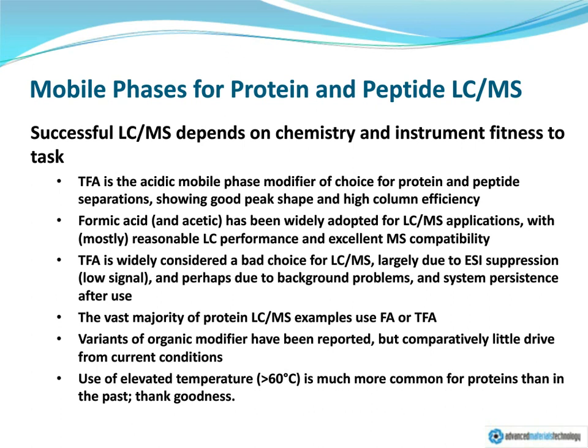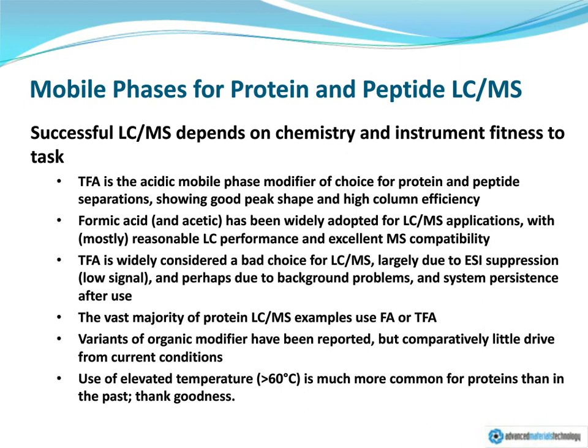Whereas TFA shows considerable loss of signal in LC-MS applications, predominantly driven by the suppression in electrospray ionization due to the rather strong ion pairs that are formed between trifluoroacetic acid and the basic aminoacyl residue side chains on protein or peptide analytes.